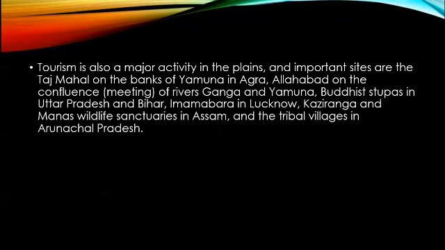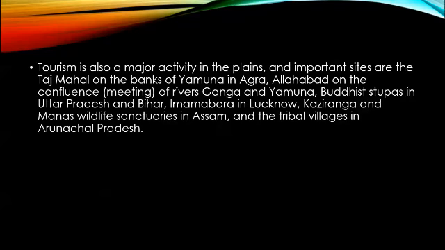Another important aspect of this Ganga Brahmaputra basin is tourism. It is also a major activity in the plains, and important sites are there. For example, the Taj Mahal on the banks of the Yamuna in Agra, Allahabad at the confluence of rivers Ganga and Yamuna, Buddhist stupas in Uttar Pradesh and Bihar, Imambara in Lucknow, Kaziranga and Manas wildlife sanctuaries in Assam, and the tribal villages in Arunachal Pradesh.